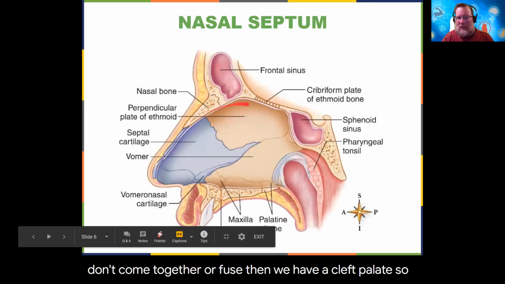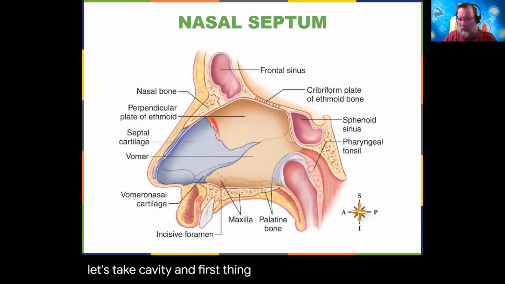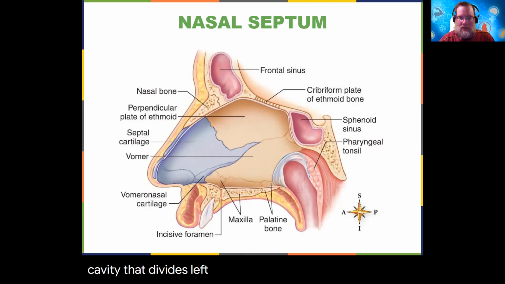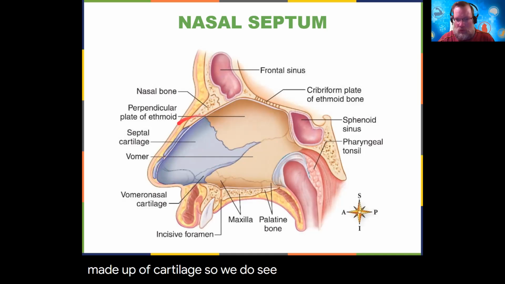So let's take a peek inside the nasal cavity. And first thing we see again is bright blue. This is looking actually at the nasal septum. So this is the wall. There's a wall right down the center of your nasal cavity that divides left and right sections of the nose, and that nasal septum is going to be primarily at the front made up of cartilage. So we do see a blue hue, and blue always means low oxygen and certainly cartilage. And then we see the bone aspect, that nice, pretty tannish color.